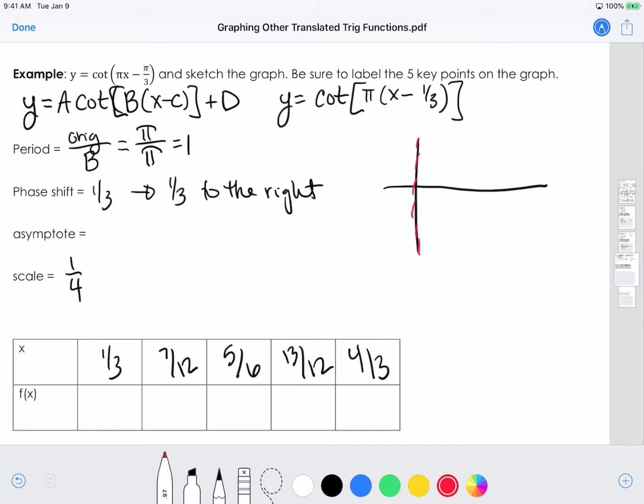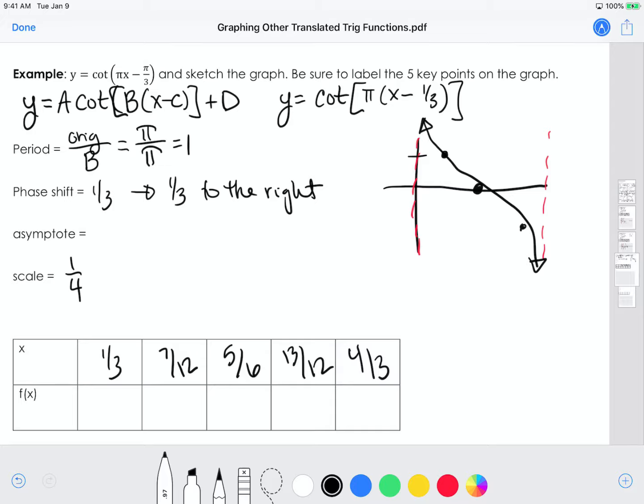So that's going to be here at the beginning and at the end. And the center point is going to be at 0. And then the second point is going to be up here, and the third point is going to be down here, and it's going to look like this.